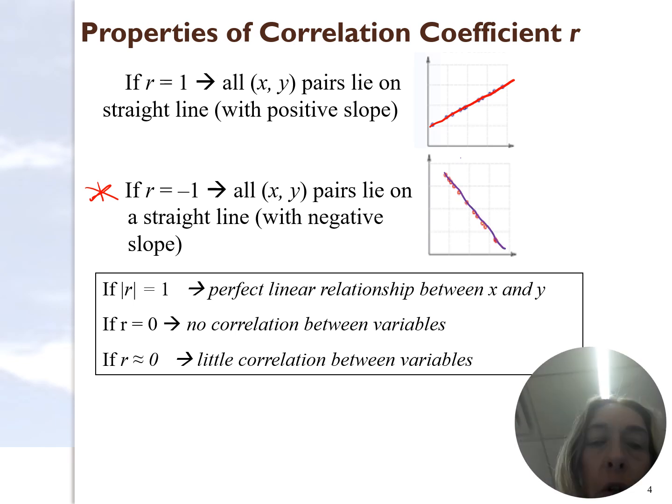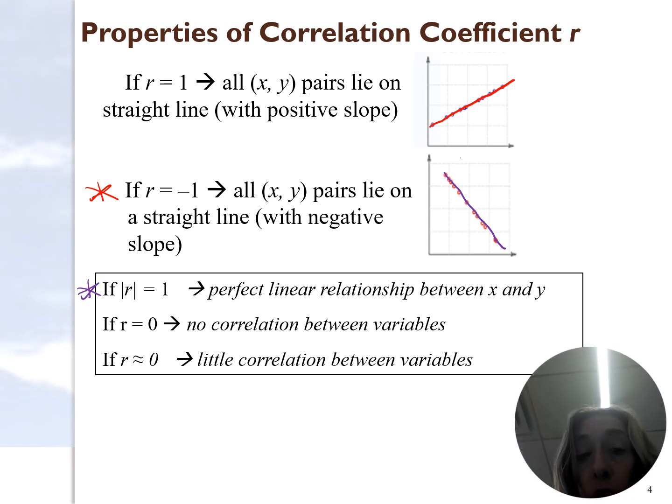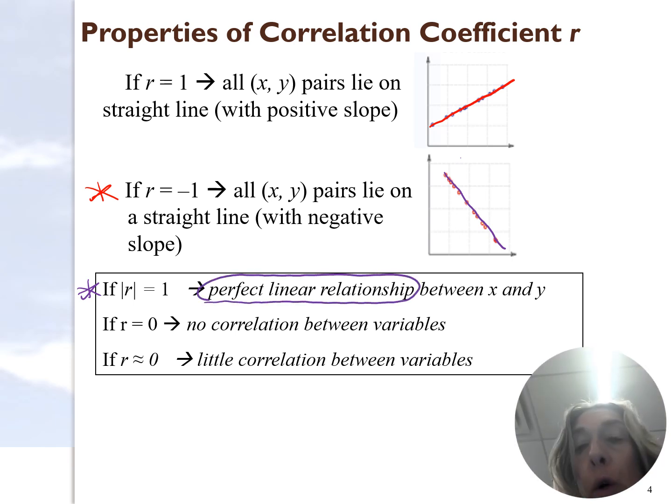So that means that if the absolute value of your correlation coefficient is 1, then there is a perfect linear relationship between your two variables x and y.